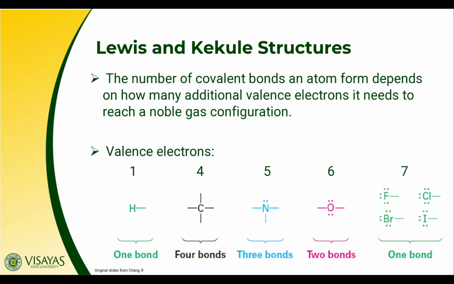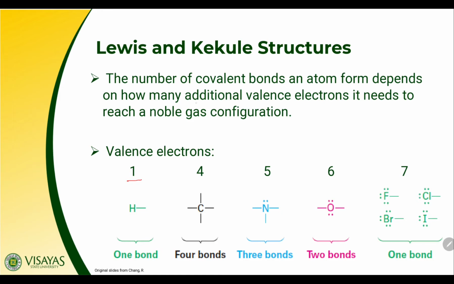Now, the number of covalent bonds an atom forms depends on how many additional valence electrons it needs to reach a noble gas configuration. For example, hydrogen is in group 1, so it has 1 valence electron. Its maximum number of electrons in a structure when bonded to another atom is 2.